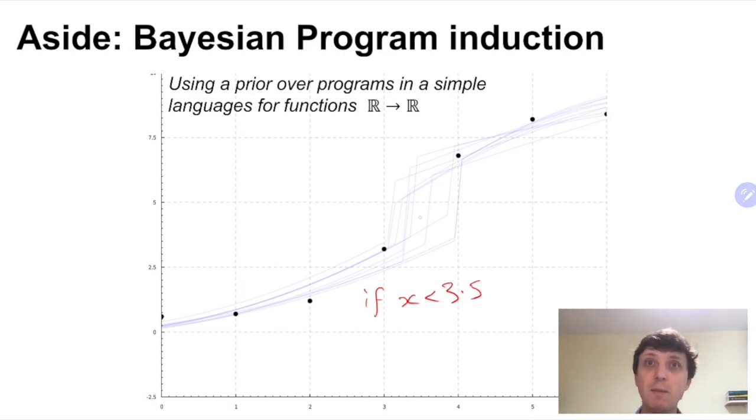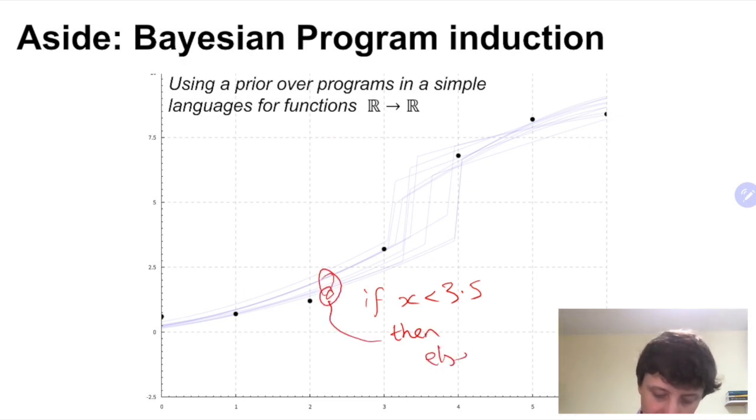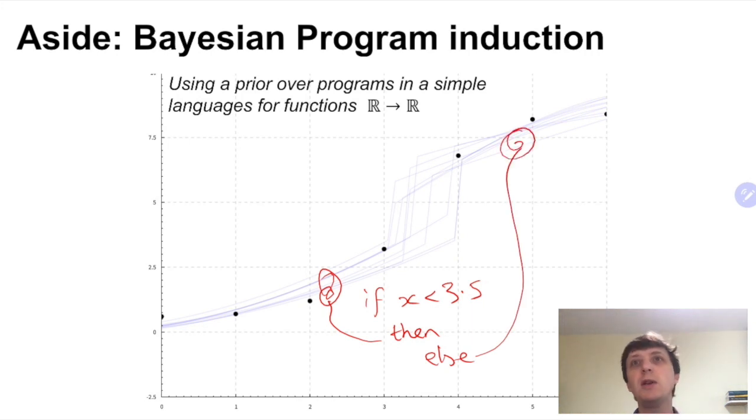So for each draw from the posterior, it's putting a slightly different number. But if x is less than 3.5, then we probably do a curve like one of these. Otherwise, we're going to do a curve like one of these. And these in turn are defined in the programming language that's interpreted inside the programming language. And they look like quadratic functions. I don't know. It's found them from the grammar of programs.